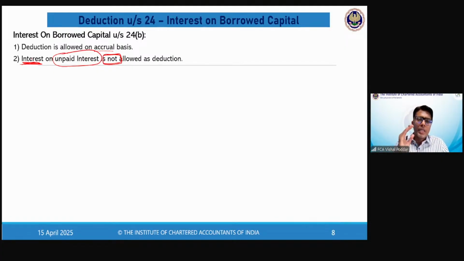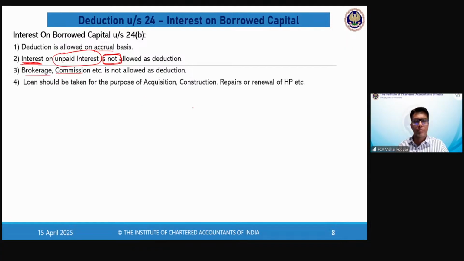So only the interest on the principal amount is eligible. Next, at the time of taking loan, many times the bank charges some bank charges or some commission, brokerage. So any other expense, even relating to the same loan which you have taken for that house, is not eligible for deduction. Only the interest on such loan is eligible for deduction.